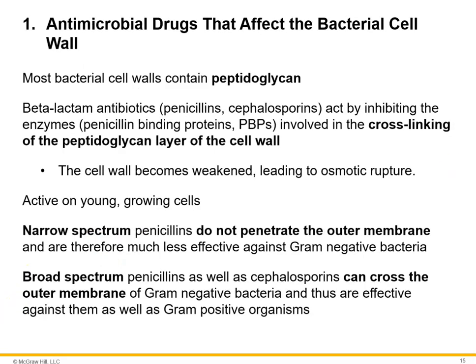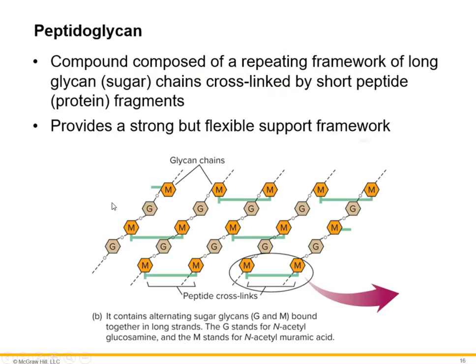Okay, first let's talk about drugs that are going to target the cell wall. Remember that bacterial cells, their cell walls contain peptidoglycan. Okay, and what peptidoglycan is, it's this compound that's composed of a repeating framework of long sugar chains, these guys right here, cross-linked by these short protein fragments, these green lines right here.